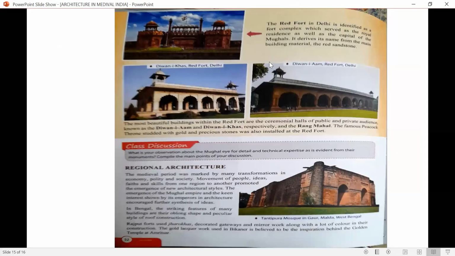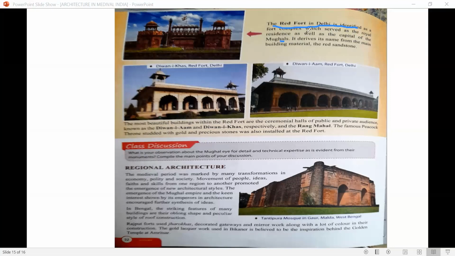So, if you study the history of the Red Fort in Delhi, the Red Fort is defined as the fort complex which served as the royal residence as well as the capital of the Mughals.